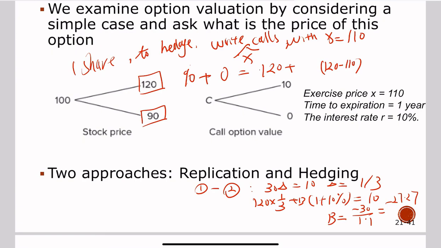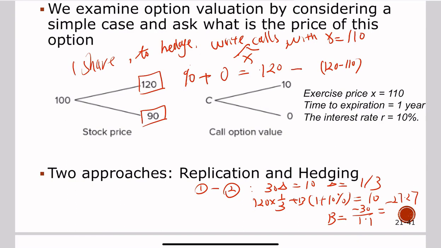And this is just the payoff to the option buyer. But you're writing calls, so you're the option seller. So your cash flow should be the negative of the option buyer's. If the option buyer earns $10, you lose $10. So in this case, you should have a minus sign here.